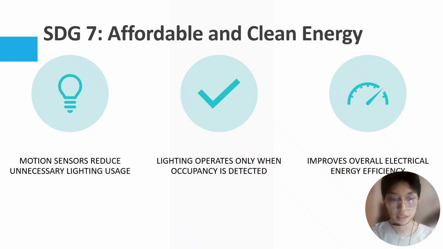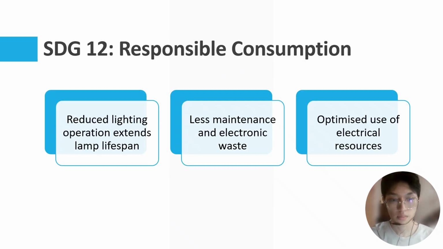SDG 7 is achieved because motion sensors reduce unnecessary lighting usage. Lighting operates only when occupancy is detected and improves overall electrical energy efficiency. For SDG 12, responsible consumption, reduced lighting operation extends lamp lifespan, means less maintenance and electronic waste, and optimized use of electrical resources.